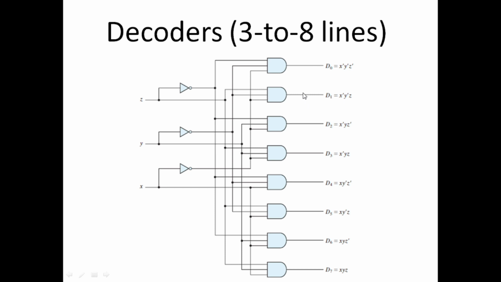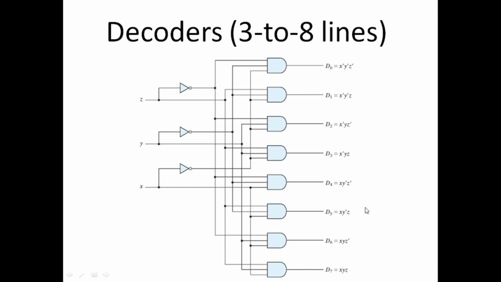All other outputs would be 0, because at least one of the inputs to those AND gates would be 0, making their outputs 0. So whenever the input is 0, 0, 0, only D0 would be 1, all the rest would be 0. When the input is 0, 0, 1, this corresponds to minterm 1, so only D1 would be 1, and D0, D2 until D7 would all be 0.